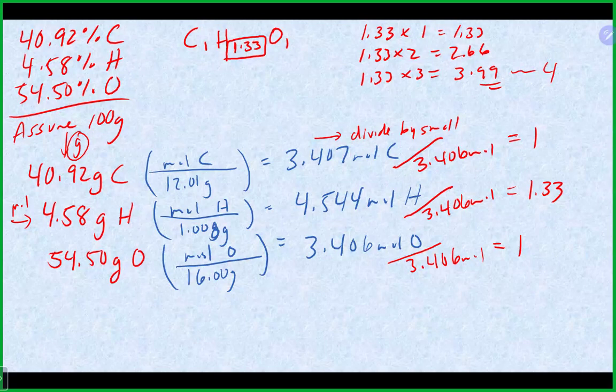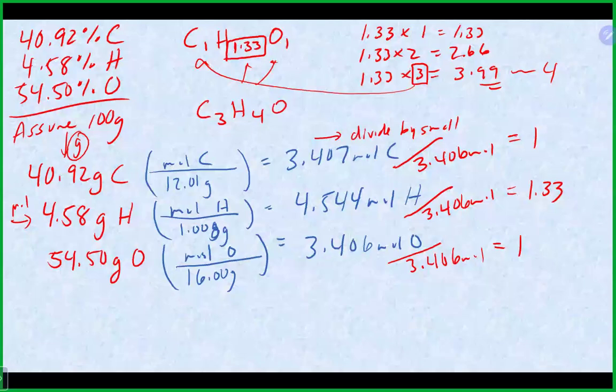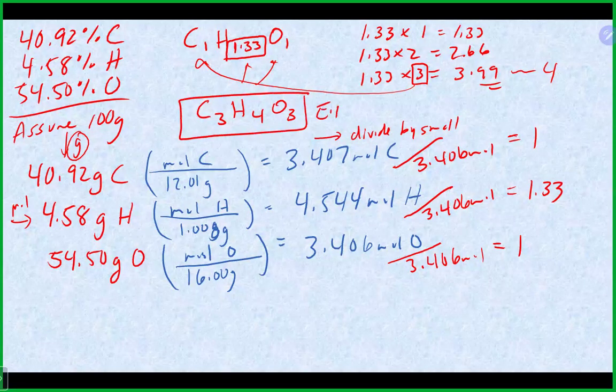So that is the factor by which we want to multiply, and not just the 1.33, but we want to multiply everybody by that factor of 3. If I do so, I'll end up with C3, H4, and O3. Now we have all whole numbers, and we have our empirical formula at this point.